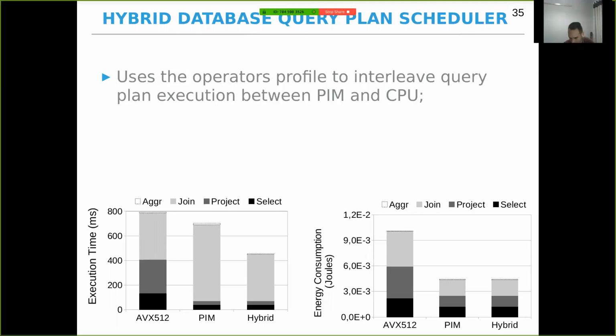Yeah, I did the second option, because it's not easy to synchronize the operations when they run in parallel on the CPU and in PIM. You use PIM first and after that you use the CPU in some cases.